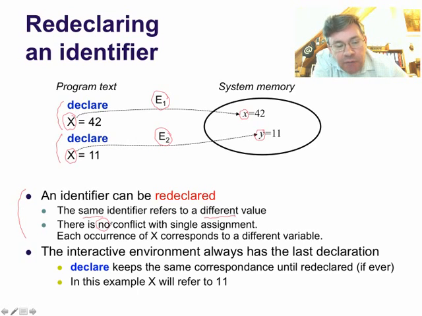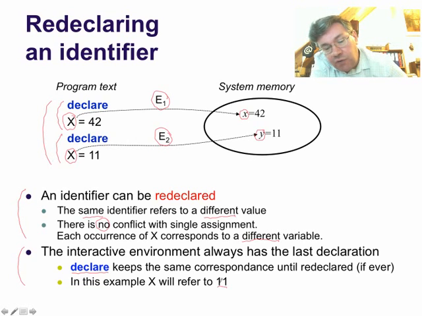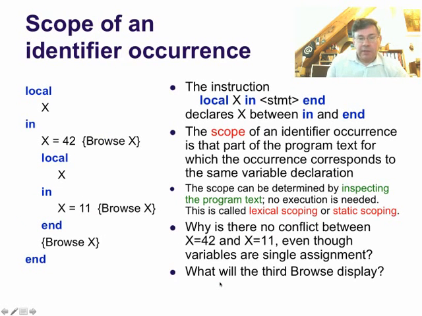But there is no conflict with single assignment. The values of the variables do not change because each occurrence of x corresponds to a different variable. The interactive environment, of which the declare is an instruction, will always keep the same correspondence until the identifier is redeclared, if ever. So in this example, after these two declarations, x will refer to 11.